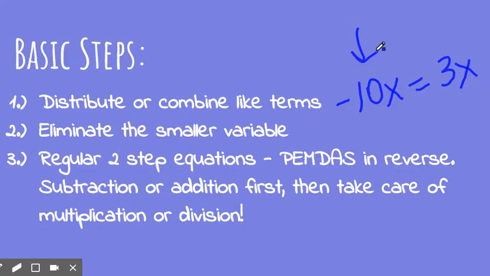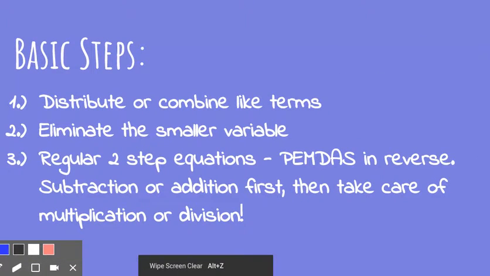To eliminate that, you have to do the opposite. You're going to want to add 10x to both sides. When you do that, these will cancel because they make 0, and then 3x plus 10x would give you 13x on the right side. Just a quick example for that.